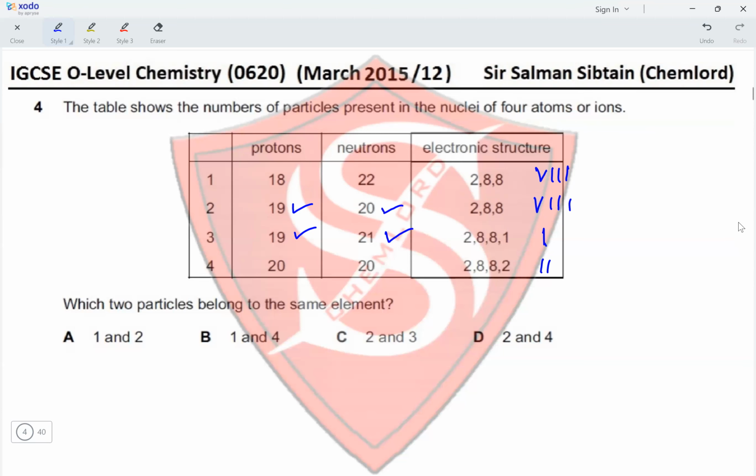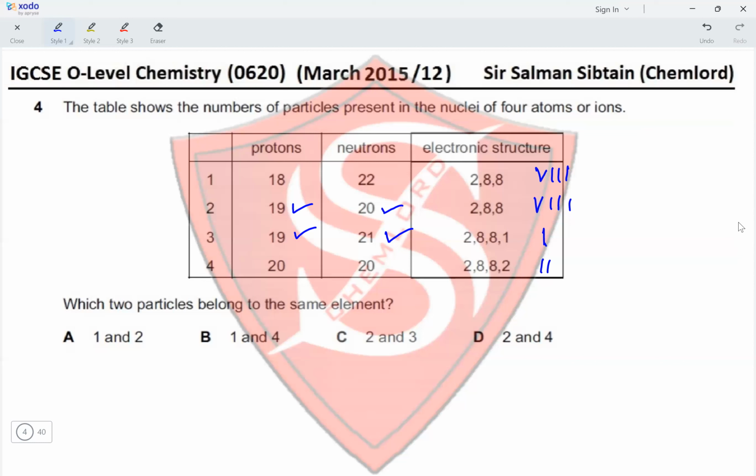And one of them has an electronic structure with one additional electron and the other has one less electron. That means it is also an ion. So it is an isotope as well as an ion.